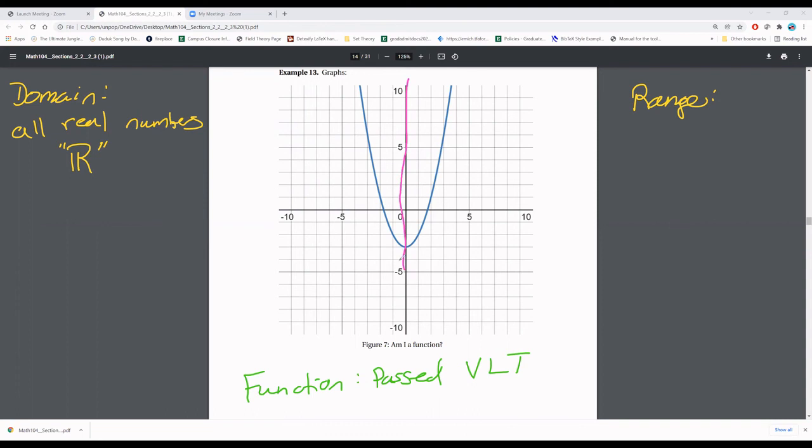Looking down, notice there's nothing below this point that gets mapped to. This is the low point here. It looks like about -3. So my range will be everything greater than or equal to -3. So all y values greater than or equal to -3 is my range.